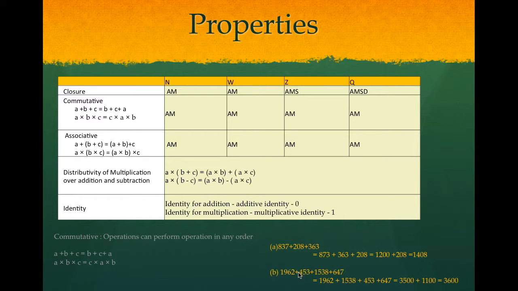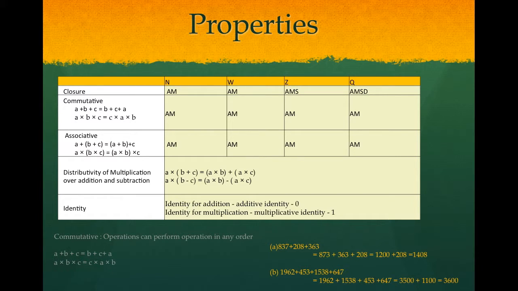Now in this example again, say 62 and 38. We'll add this and this together first, and this and this together, 53 and 47 here. So this and this will result in 3500, and this will result in 1100. So the total sum is 3600.